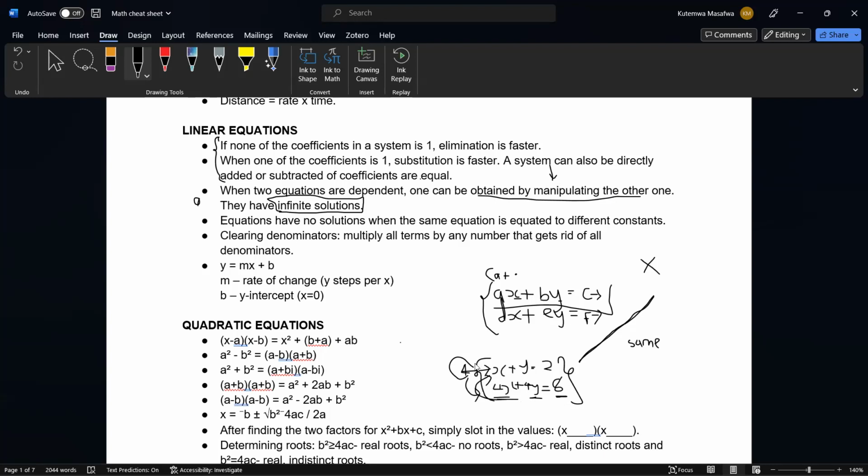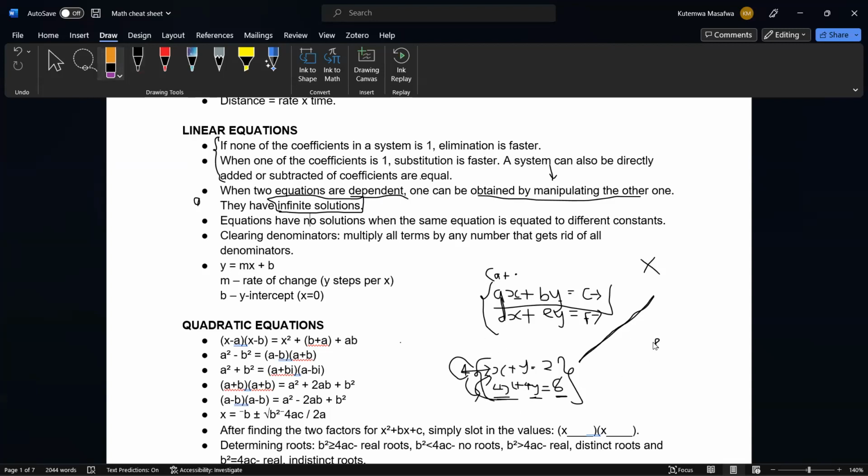The rule of thumb is that as long as whatever factor you're using applies to every term, it's the same line. And this is a concept that we learned the first time we learned about equations, that if you multiply throughout or divide throughout, you still have the same equation. So when two equations are dependent, one can be obtained by manipulating the other one, and they will have infinite solutions. So how is this tested on the SAT?